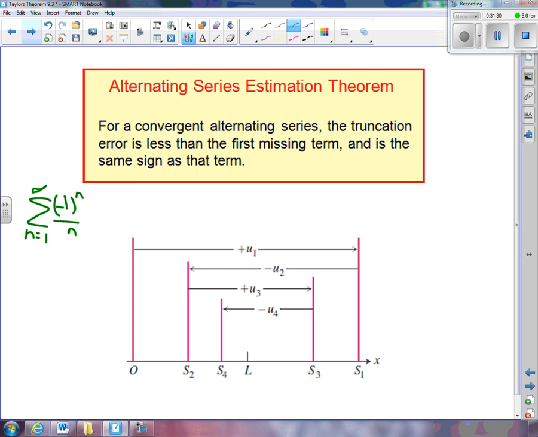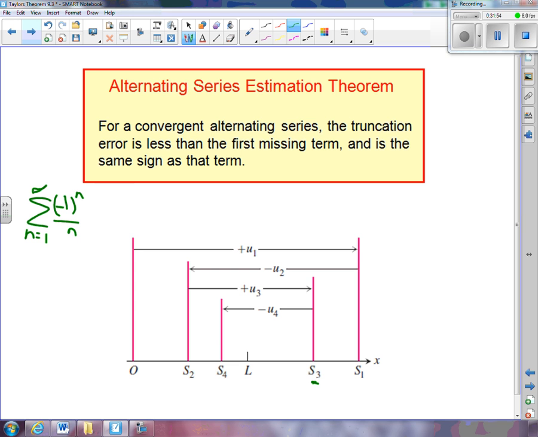And then the next term is positive, but it's smaller than the previous term. So I'm going to add it on, but S sub 3 is never going to surpass S sub 1. What does S sub 3 mean? Partial sum of the first 3 terms. Good. Now the next term's negative. But because the limit of those terms is 0, these terms are getting smaller.